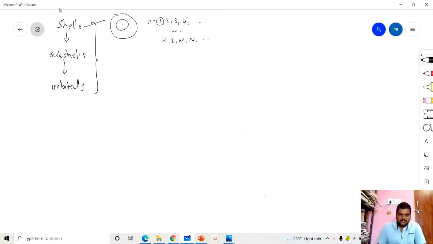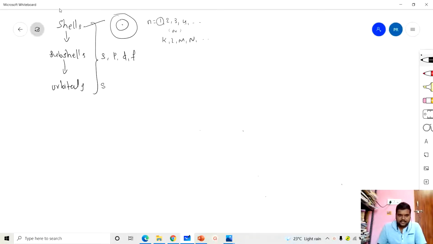Next, shells are again divided into subshells: s subshell, p subshell, d subshell, f subshell. Is it clear? And subshells again divide into orbitals.